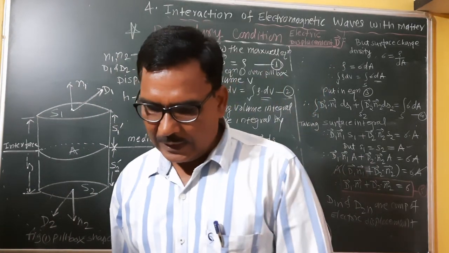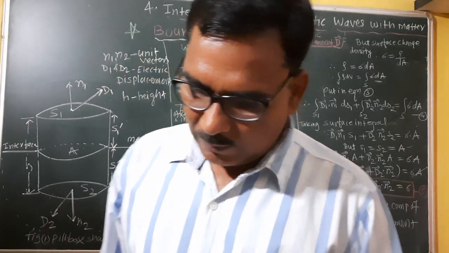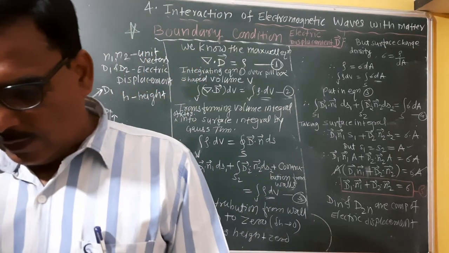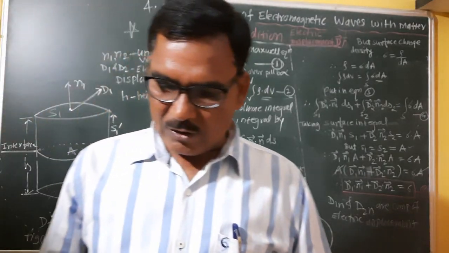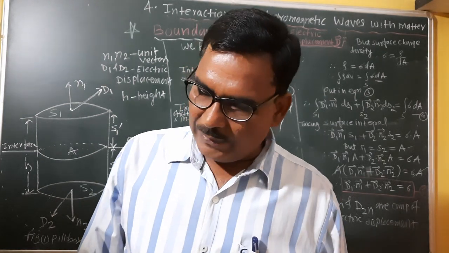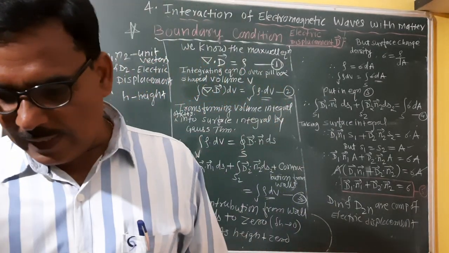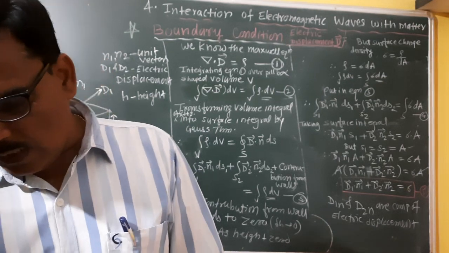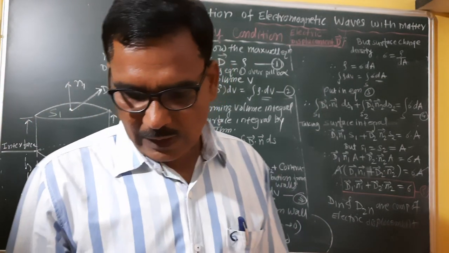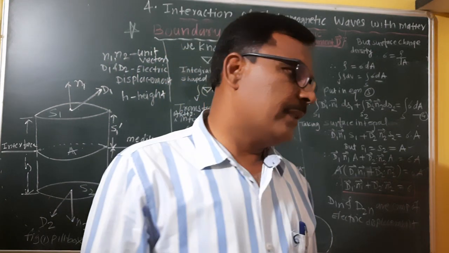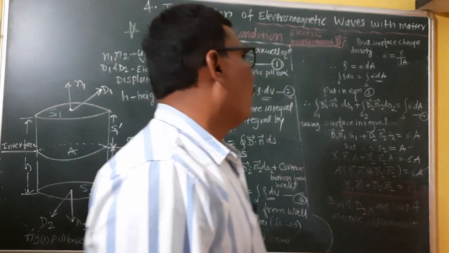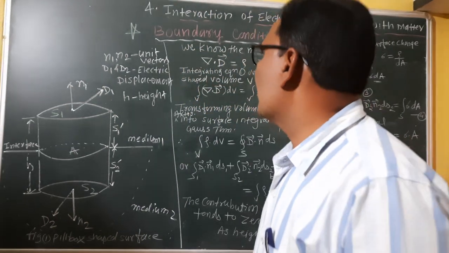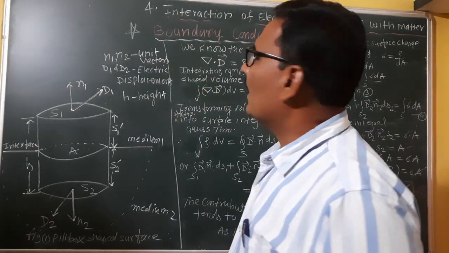In the two media, the normal of the interface we consider as n1 bar. The normal component of electric displacement is not continuous across the interface, and changes by an amount equal to the free surface charge density at the interface. This is called the boundary condition for the electric displacement vector. I think this is a very important boundary condition.